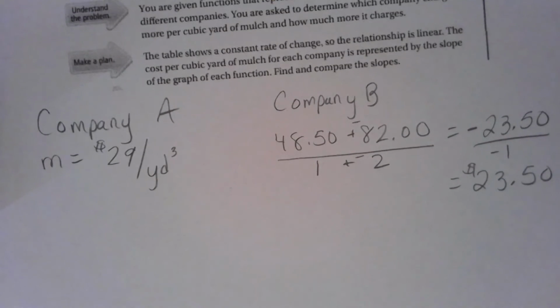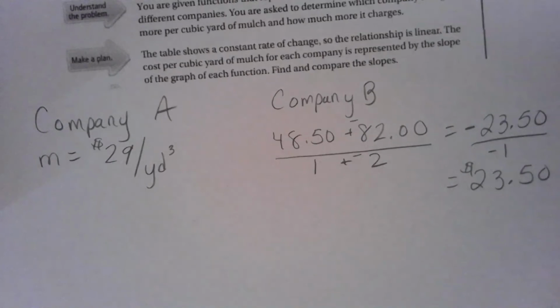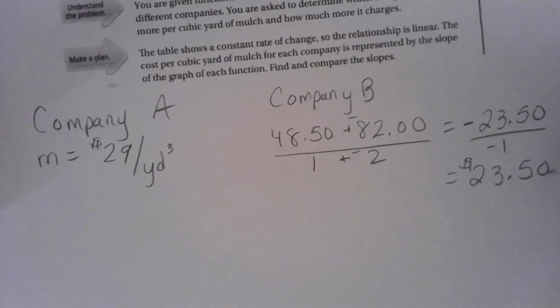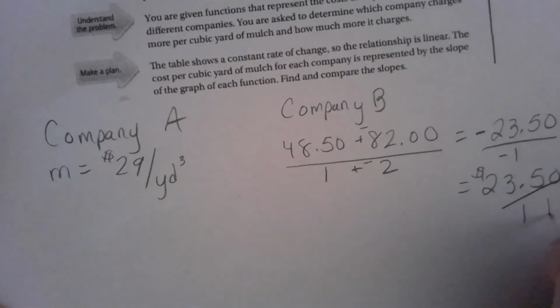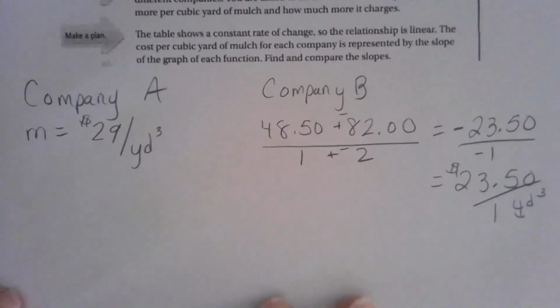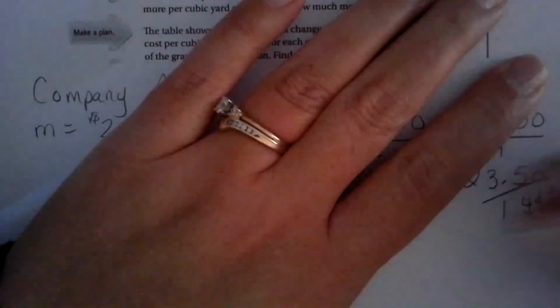So when we compare these 2 points of data, and remember that one-time fee is figured in there, it looks like they're just charging $23.50 per 1 cubic yard. So which company is charging less, actually, per yard?